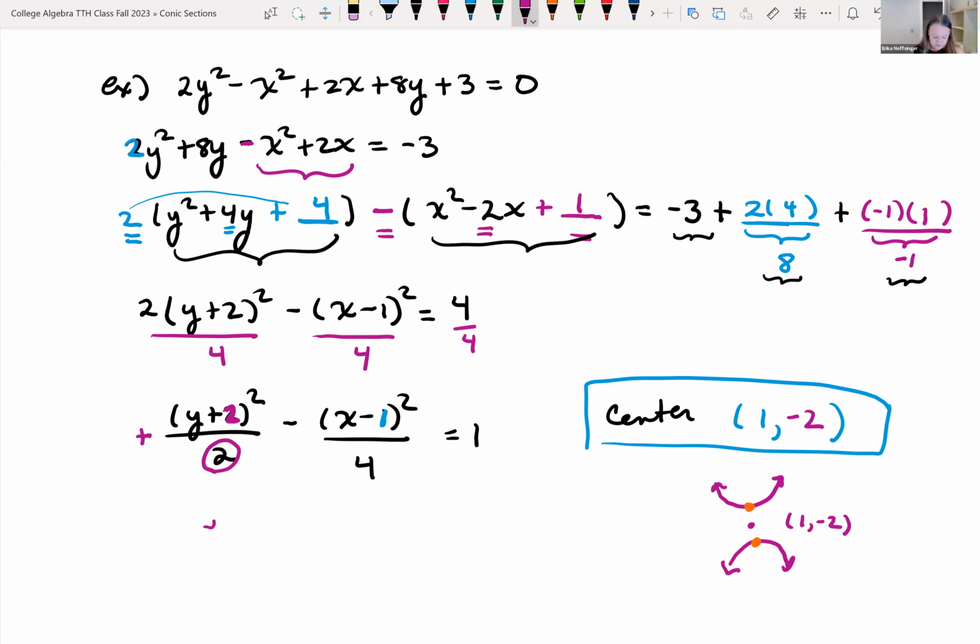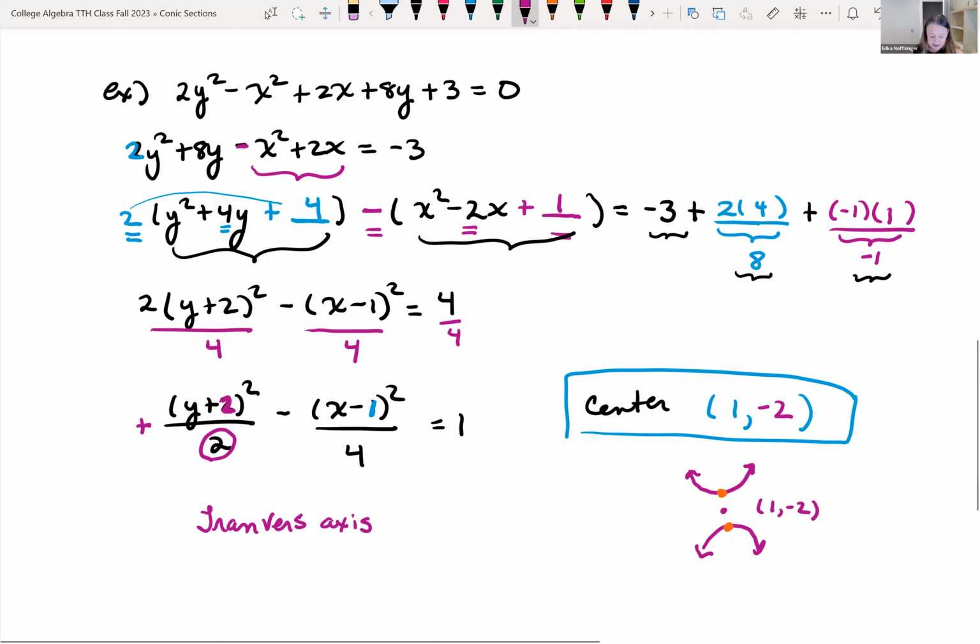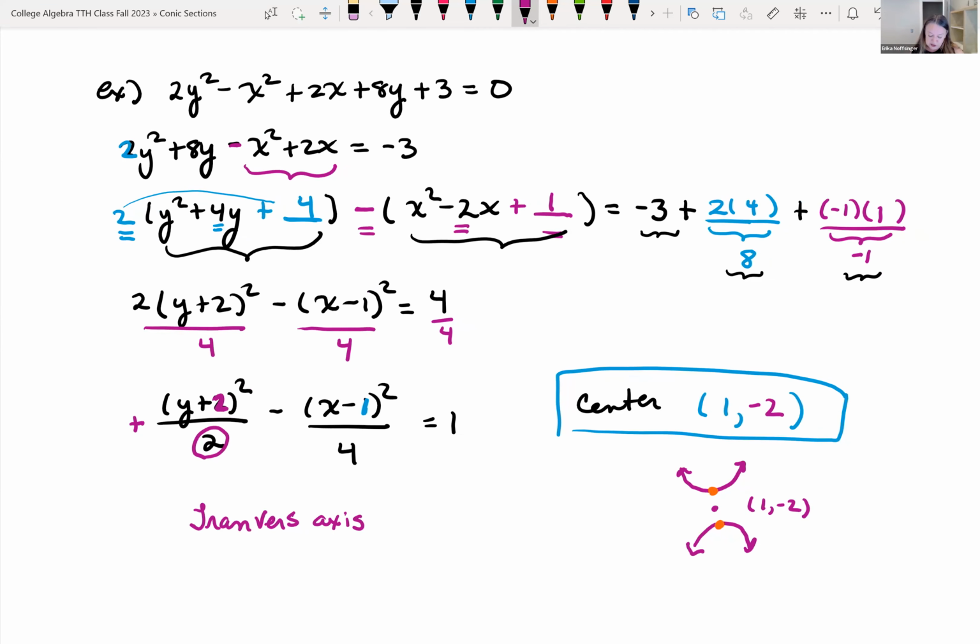So I know my transverse axis, well, its length is going to be the square root of 2. So I'm going to go up root 2 and down root 2 from the center. So vertices on the transverse axis. So from my center, 1, -2, I'm going up, so -2 plus root 2, and I'm going down, so 1, -2 minus root 2.